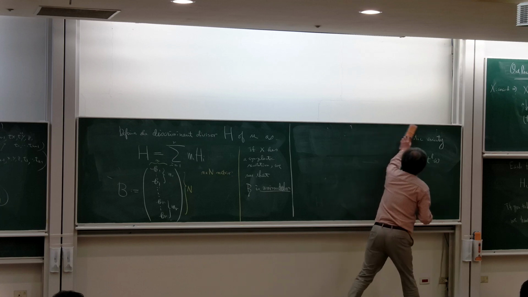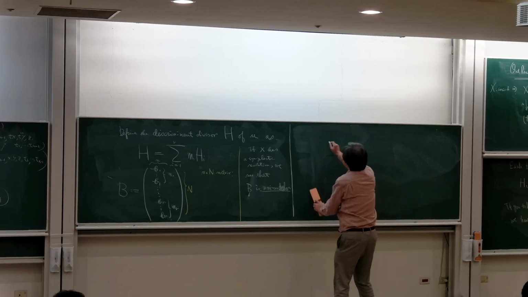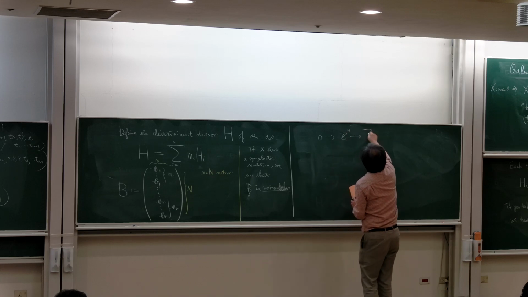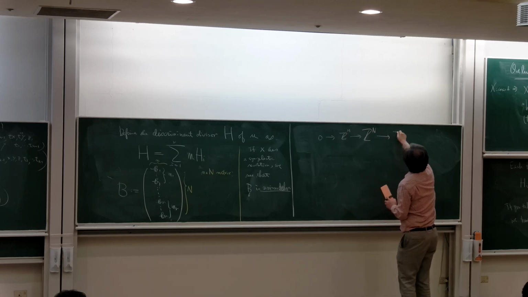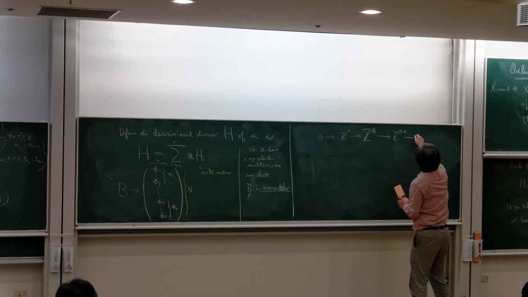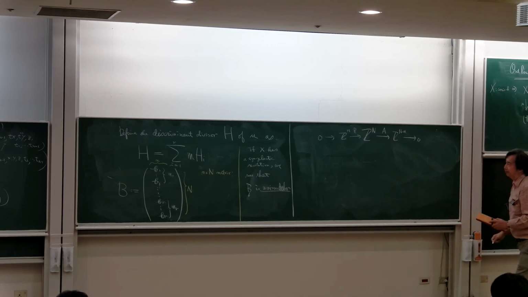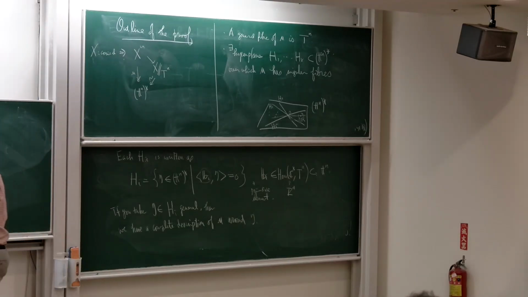So we get the exact sequence of such things, B and A. A is also unimodular.